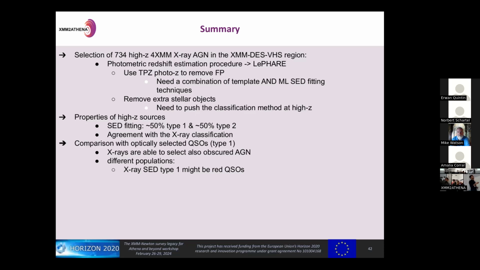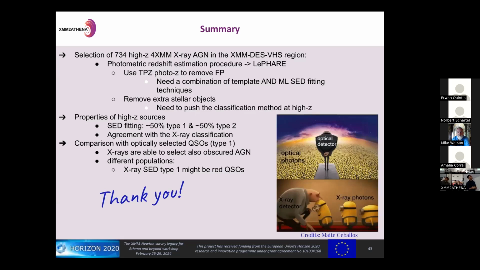And comparing with the optically selected sample, we find that these two samples are totally different. Here we need to do some more work to apply the same criteria of the optically selected sample to the X-ray sample. And I think that's all. So thank you very much.